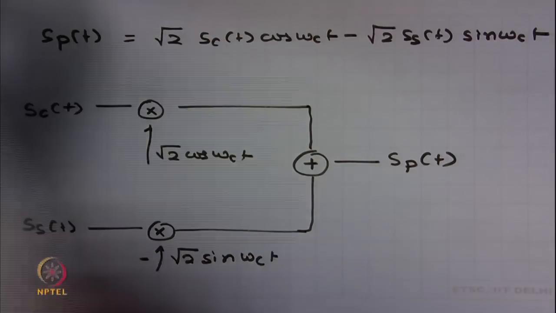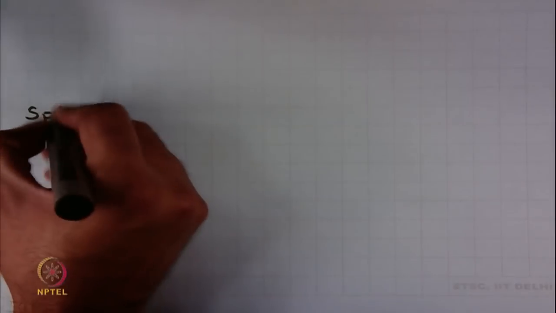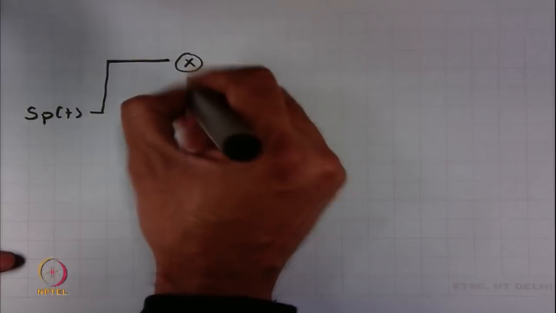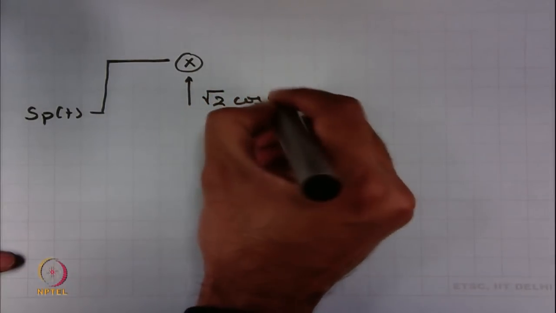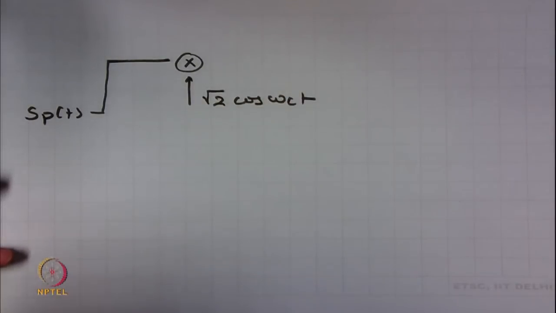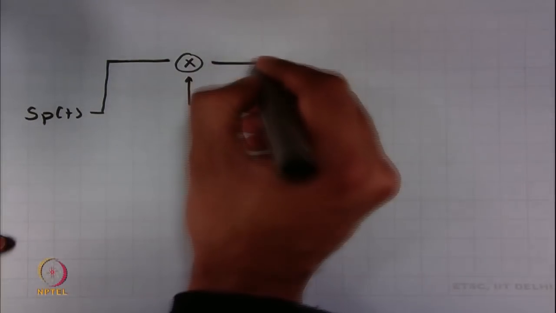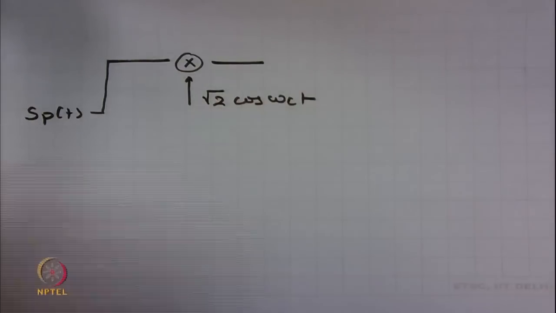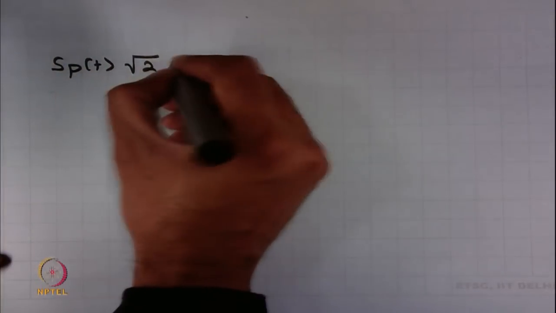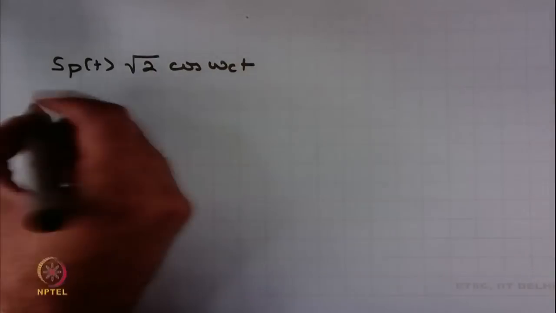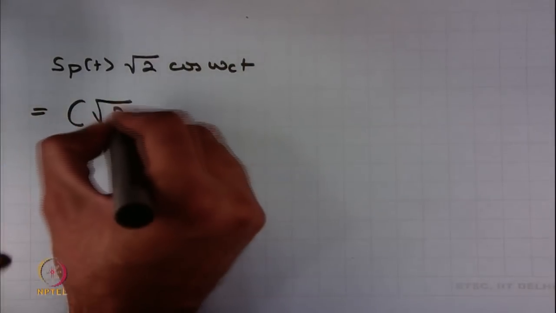Let us see it. So, if you have S_p(t), what we need to do is multiply it with root 2 cos omega_c t. Let us see what is the end result first, and then we will complete this picture. So, if you have S_p(t) multiplied by root 2 cos omega_c t, let us see what we will have.